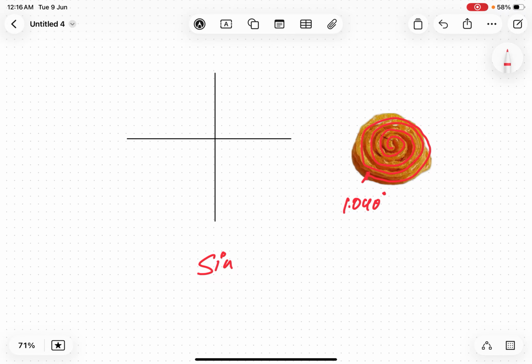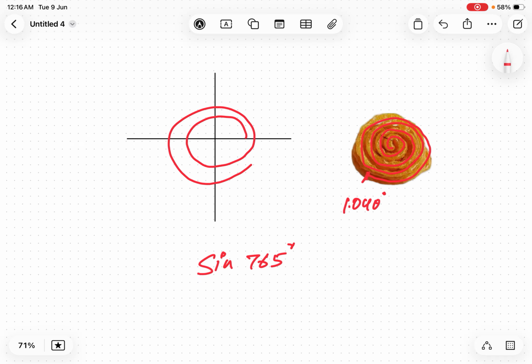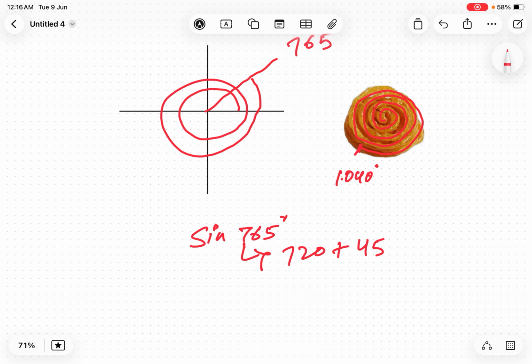Starting from here, 360, 720, and then 30, 40, 45. Suppose this is 765 degree. Can we write this as 720 plus 45? So we will write it as sine of 720 plus 45 degree.